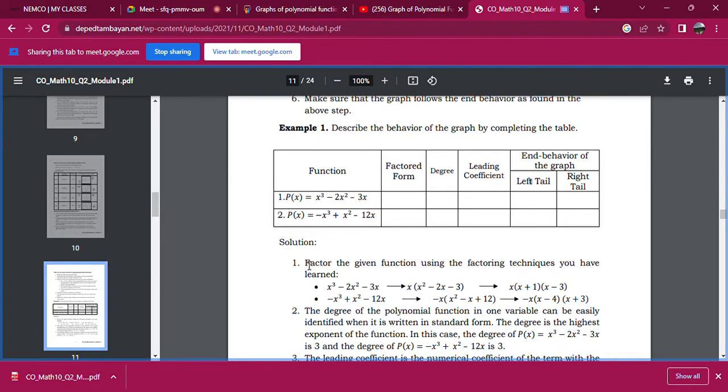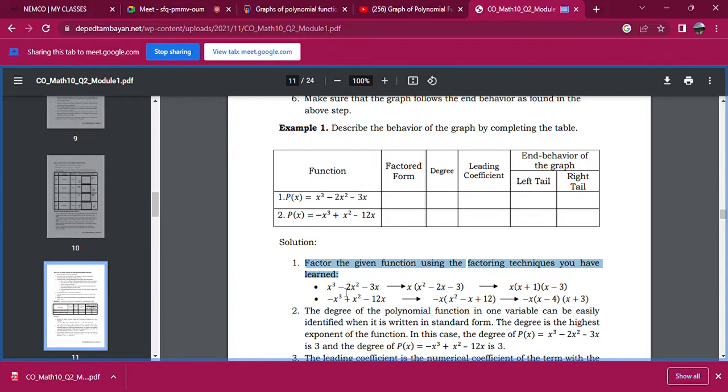So number 1, factor the given function using the factoring techniques you have learned in your previous years. So x cubed minus 2x squared minus 3x, you can factor out x. So x times x squared minus 2x minus 3.